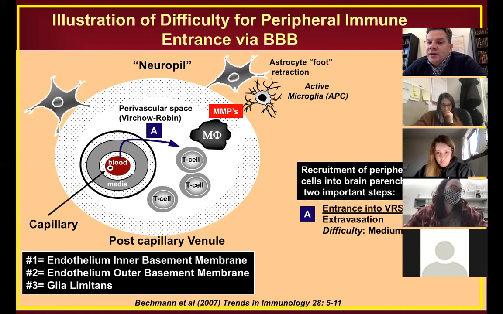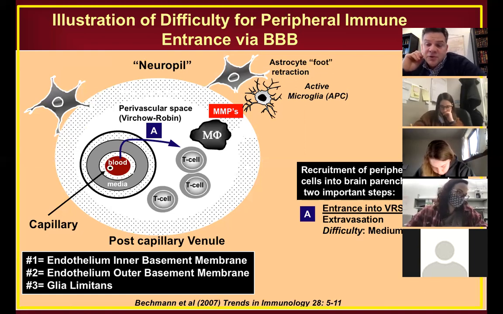Okay. And the things that break it down are called matrix metalloproteases. And there's a whole lot of them. There's probably 24 different matrix metalloproteases, but they all start with this MMP nomenclature. It turns out that the microglia don't really express these.